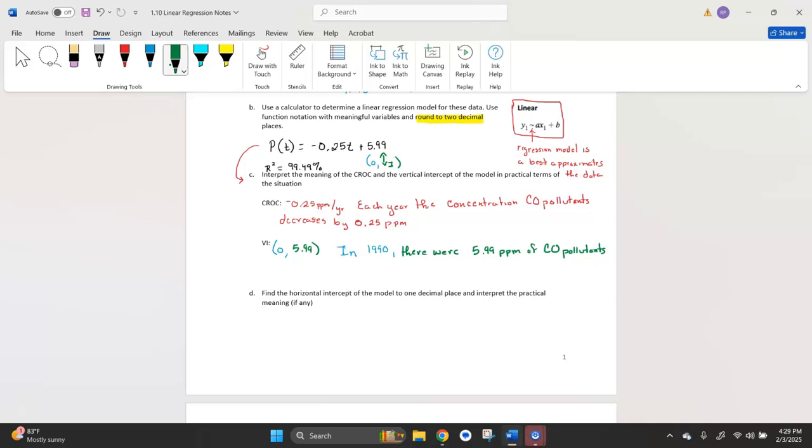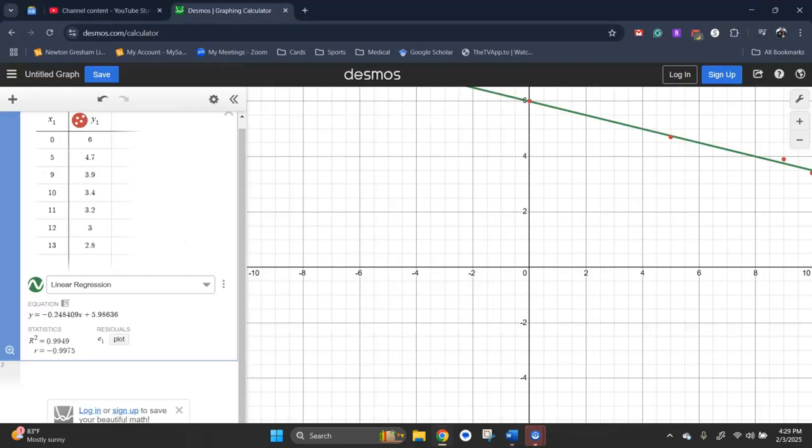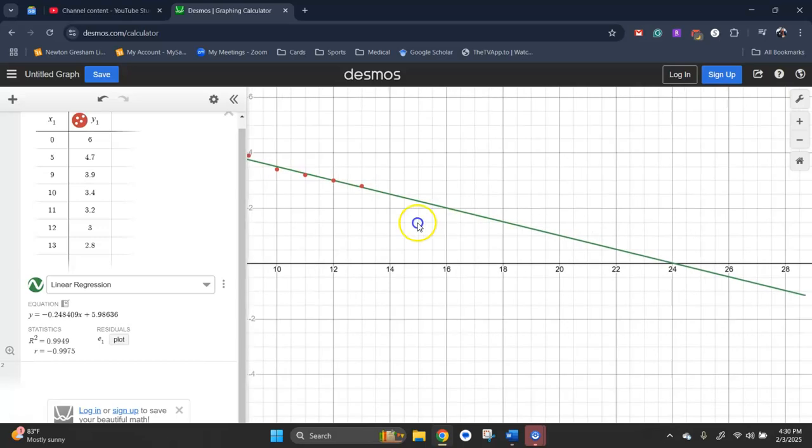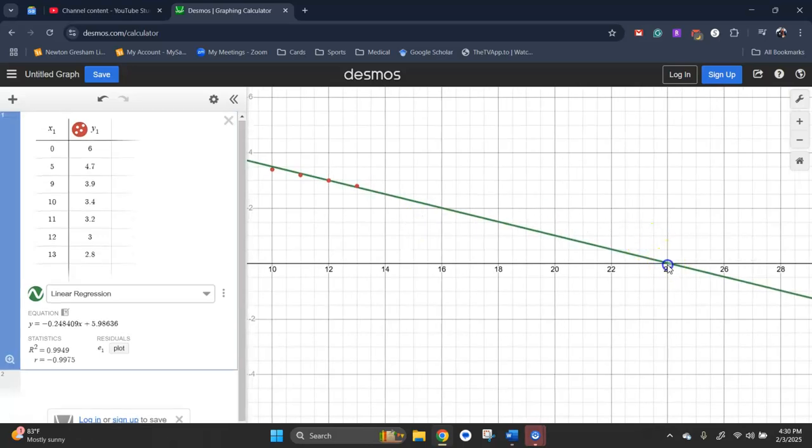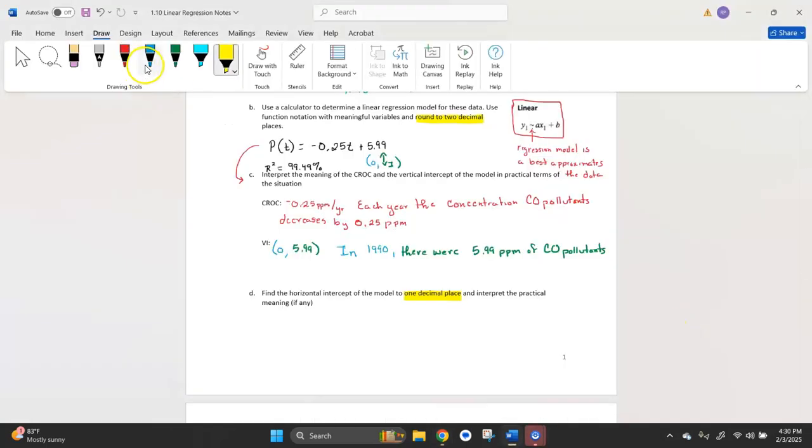Now we need to find the horizontal intercept of the model, and this time we want to answer to 1 decimal place. If we go back to Desmos, because now we can see our function here, we can drag along until we find the horizontal intercept, and that horizontal intercept is 24.1. So we have (24.1, 0). That's our horizontal intercept.